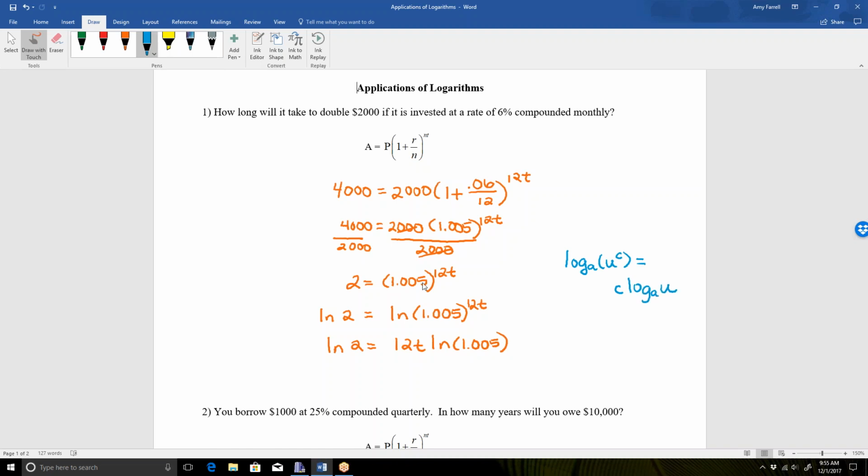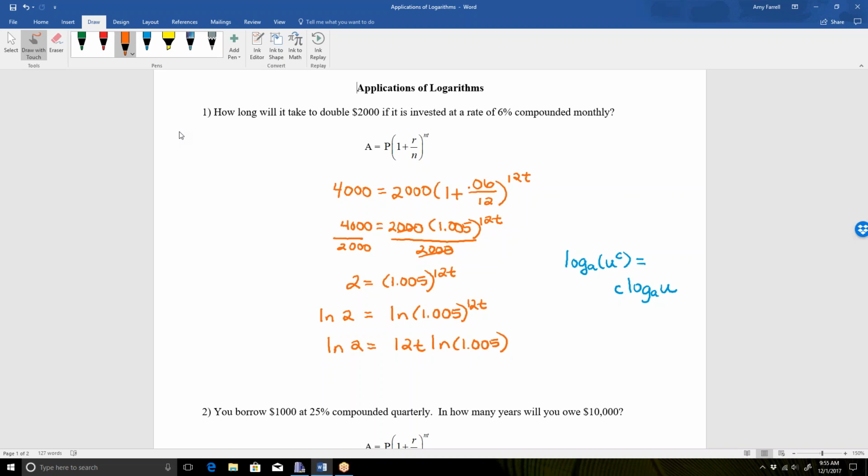Okay, so that's what I'm doing. I'm taking the exponent of 12t and moving it down in front, making it a coefficient or a multiplier, and now I have t down here. It's no longer in the exponent anymore.